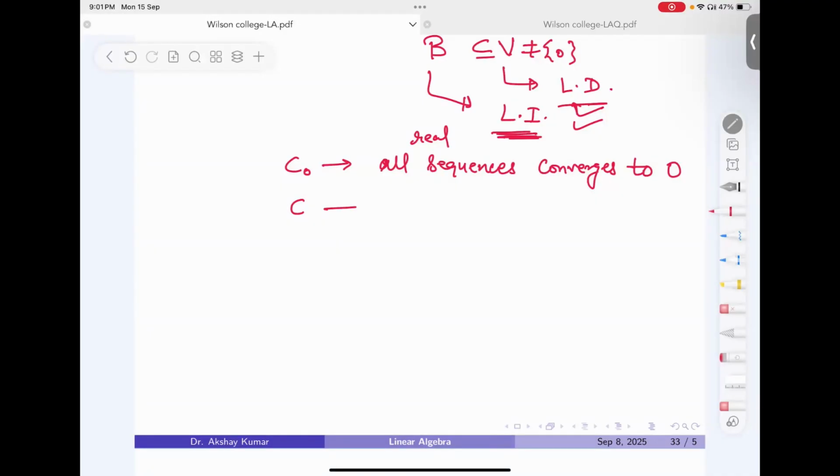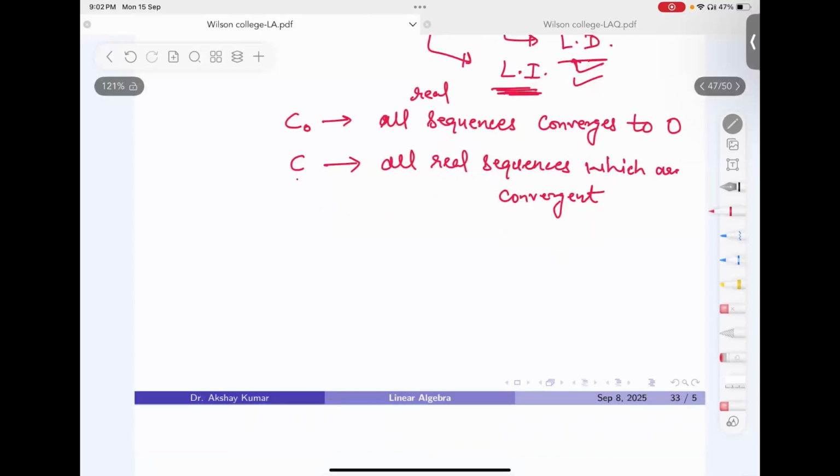And if you take C, all real sequences which are convergent only. We are not saying where it is converging, but that it is convergent, that we know.